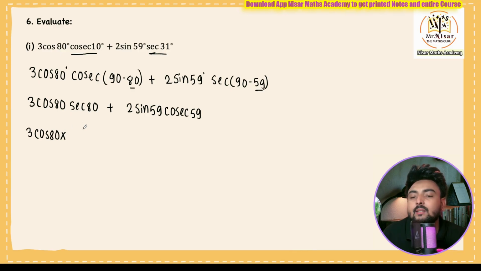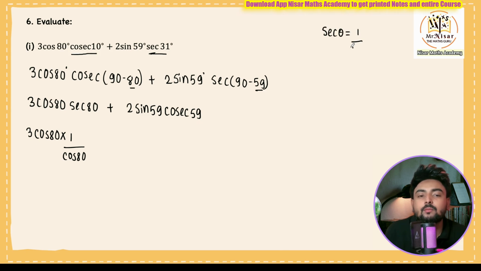So I can say that sec 80, I can write it as 1 by cos 80, because sec is reciprocal to cos. Okay, and here I'll write 2 into sin 59, cosec is reciprocal to sin.